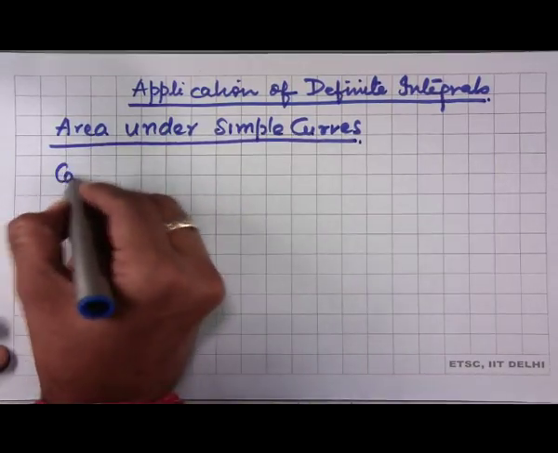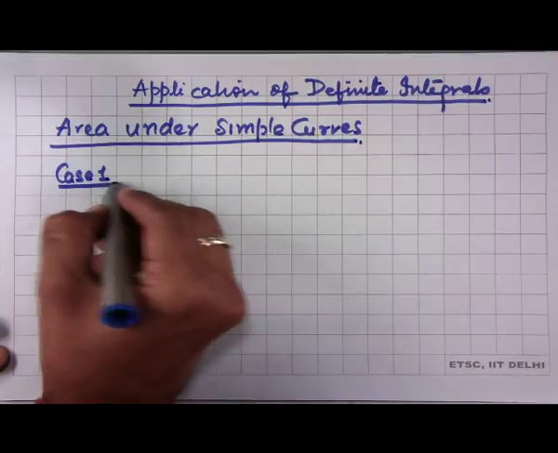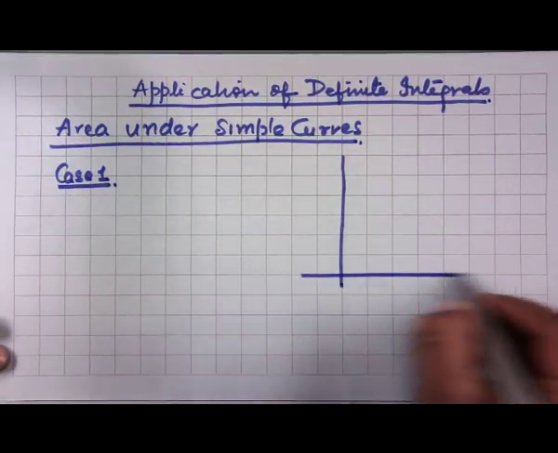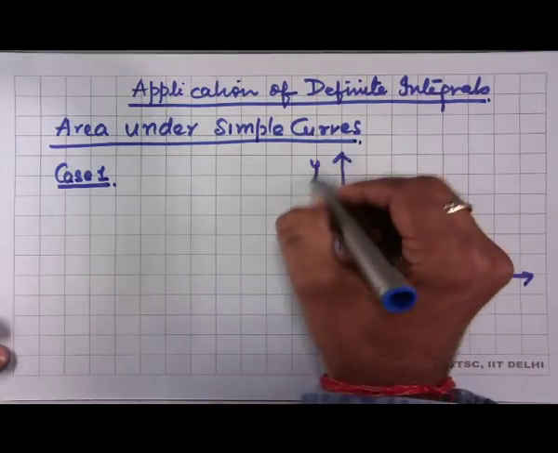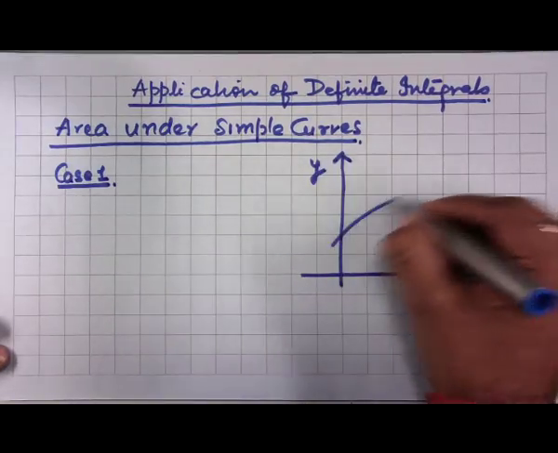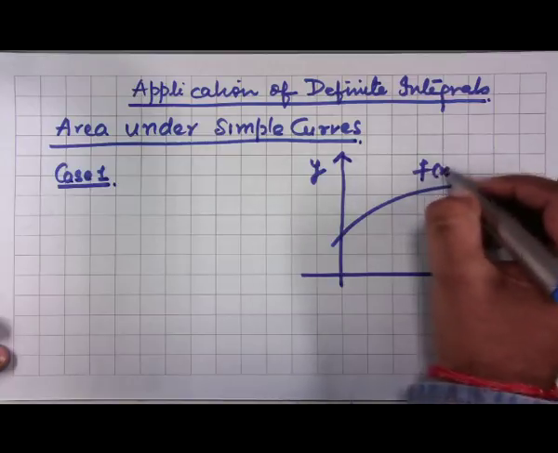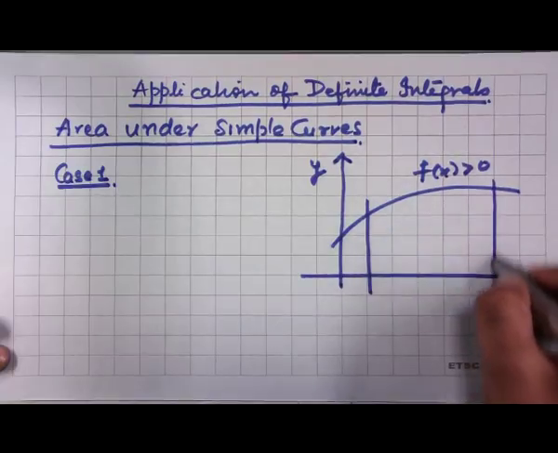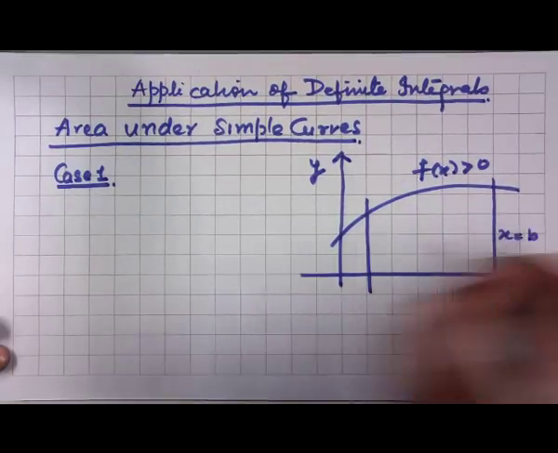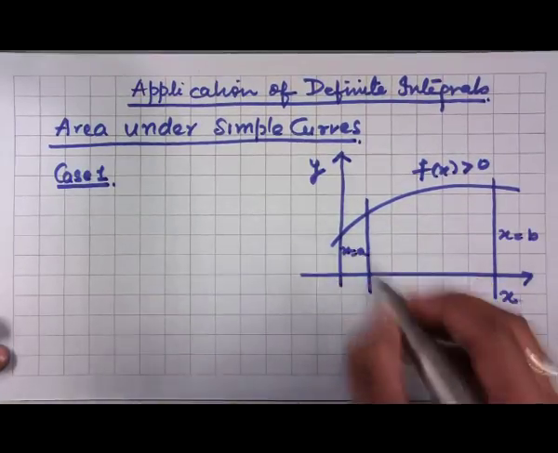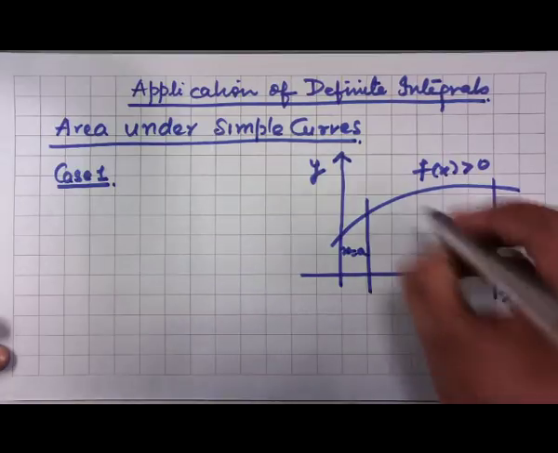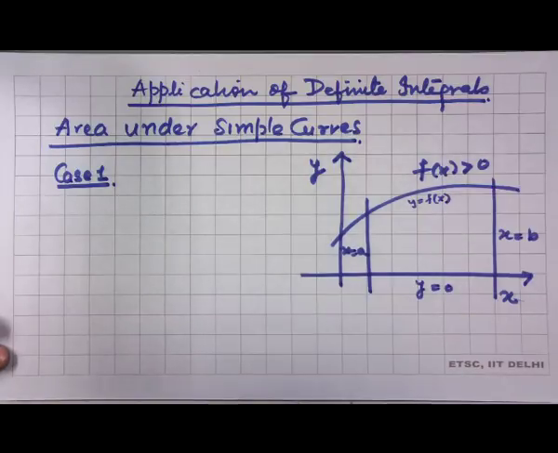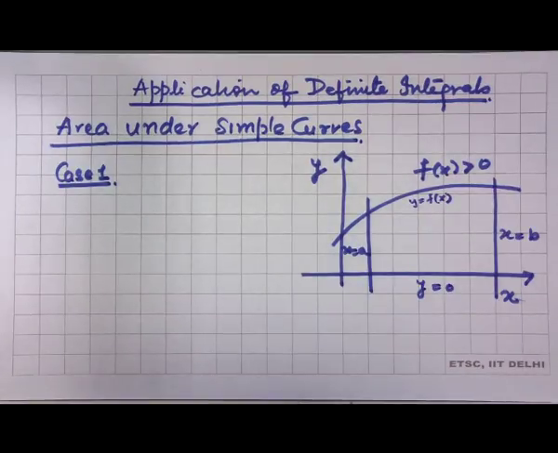Case 1. So assume that this is your y axis, this is x axis, and this is some function f(x) which is always positive. This is the line x equals to a and this is the line x equals to b. This is the line y equals to 0 and this curve you know that it is y equals to f(x). So how to find out the area?